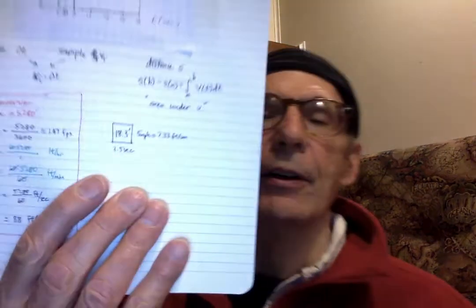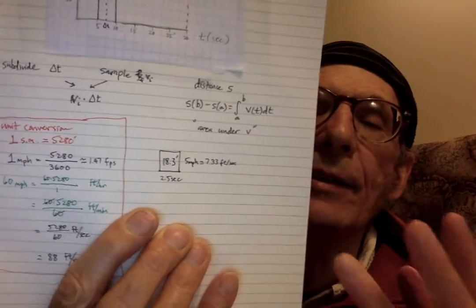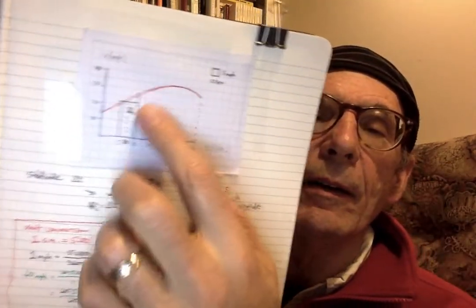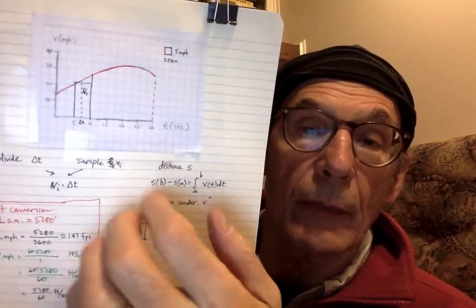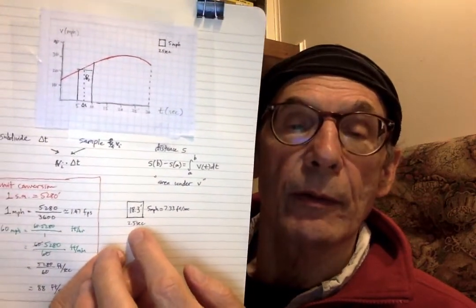I'm getting this for the area of each box, 18.3 or something. So each box under the velocity curve represents 18.3 feet of travel.